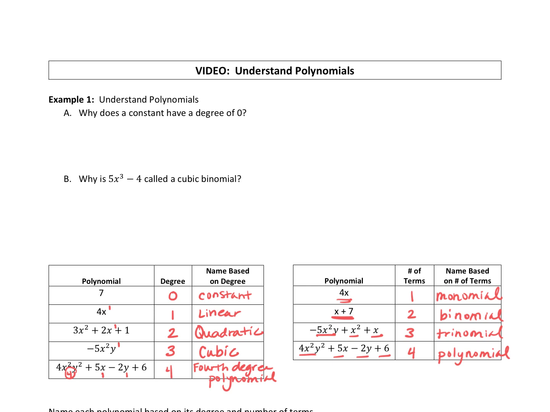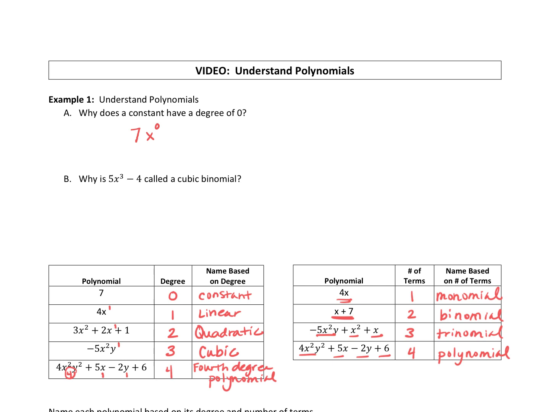Why does a constant have a degree of 0? We know that the degree is the sum of the exponents of your variables. Well, if you don't have any variables, so let's say we have a 7, there is an x to the 0 power that we could write in.